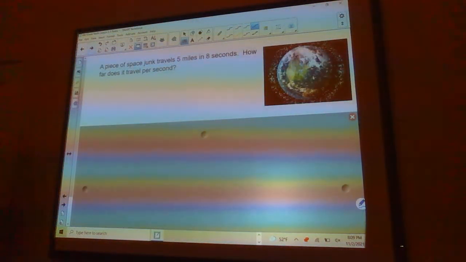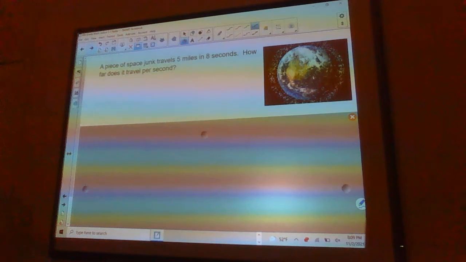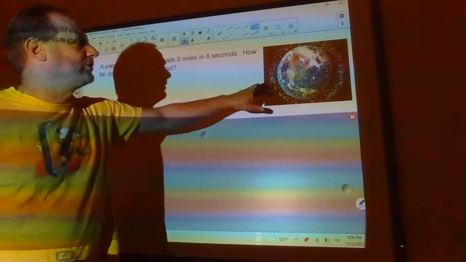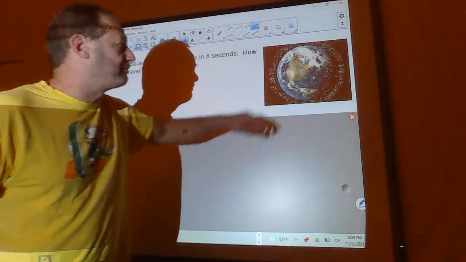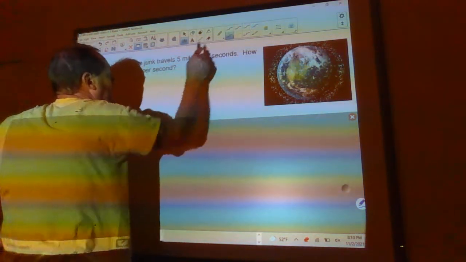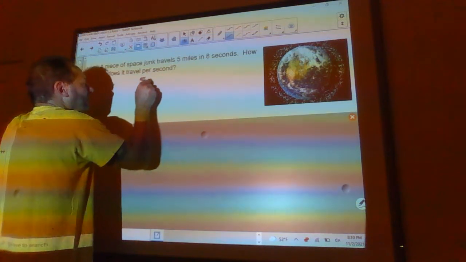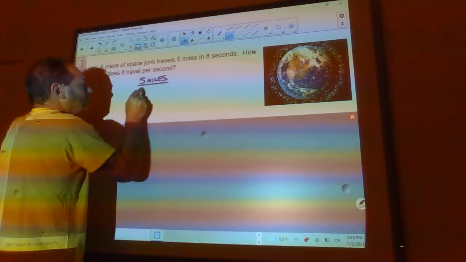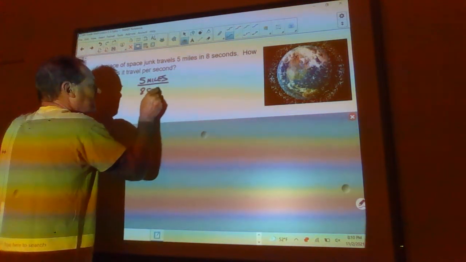So, a piece of space junk travels 5 miles in 8 seconds. So you can see our picture of the world over here, all this stuff scattered around, it's all space junk that's floating around. Okay, how far does it travel per second? So it travels 5 miles in 8 seconds. So we can write 5 miles per 8 seconds.